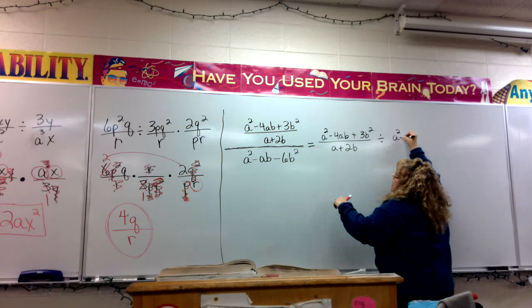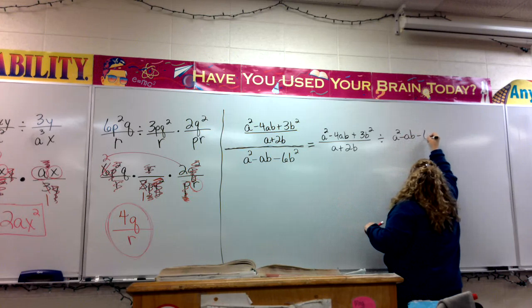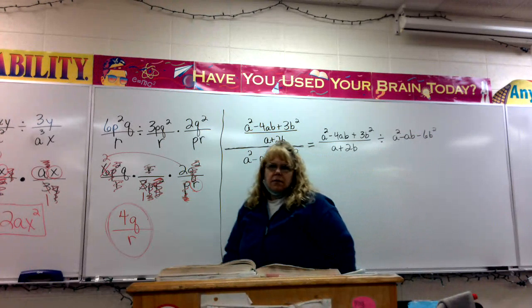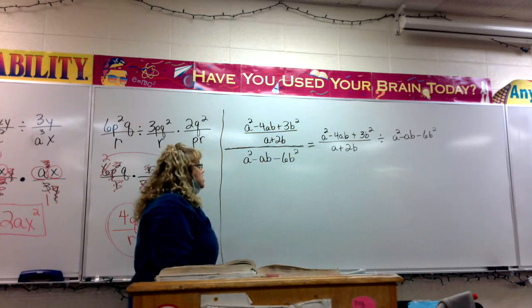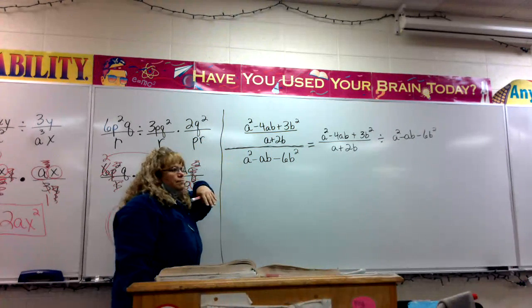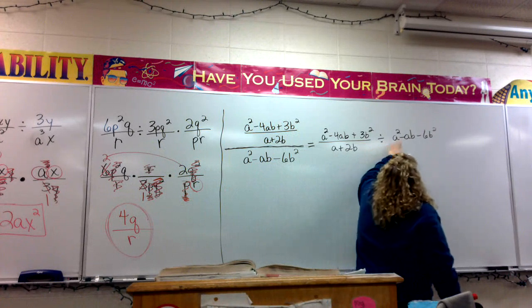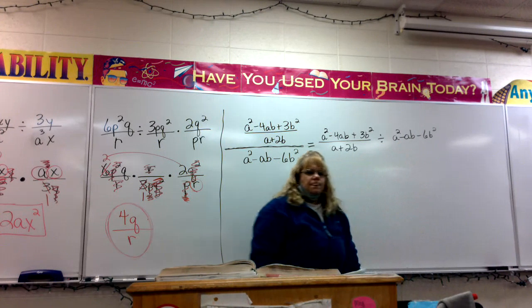Agree so far? So the first thing I would do is get rid of that complex fraction and write it as the top thing divided by the bottom thing.